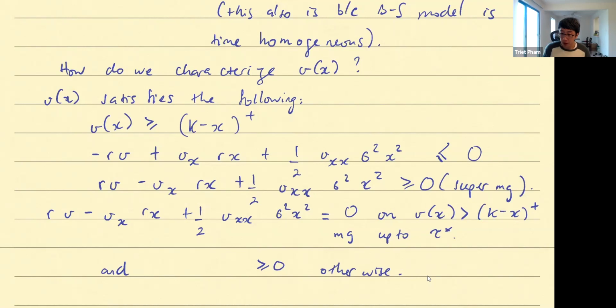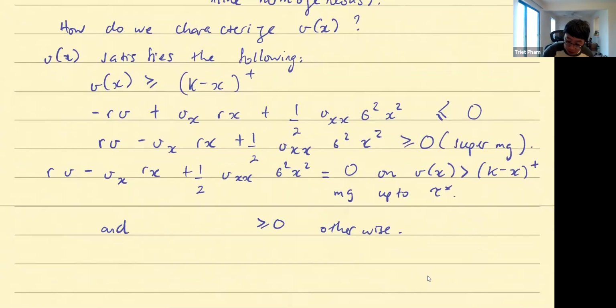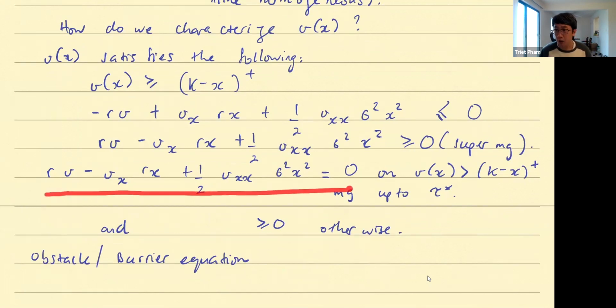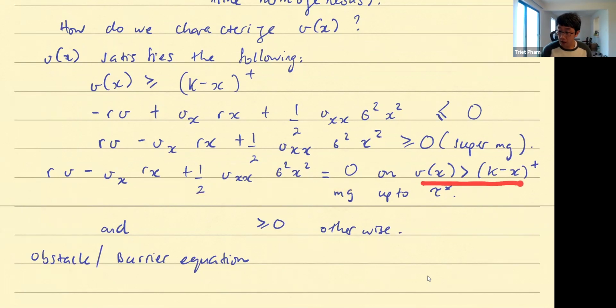By the way, this together is something called an obstacle equation. Why obstacle? At the heart of it, it's your good old ODE or PDE, except that it only holds on a certain domain.